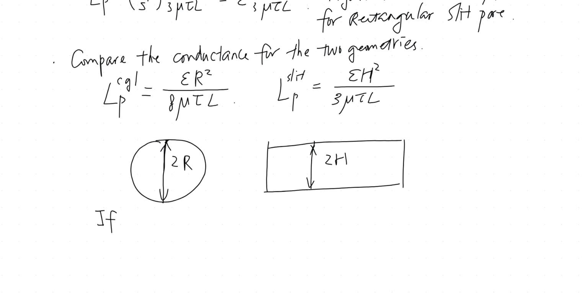But let's just say the smaller dimensions are the same. So if r equals h, then you can compare the ratio of L_P for slit divided by the conductance for cylinder.